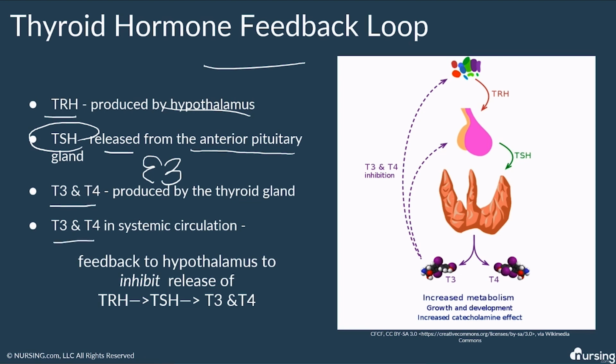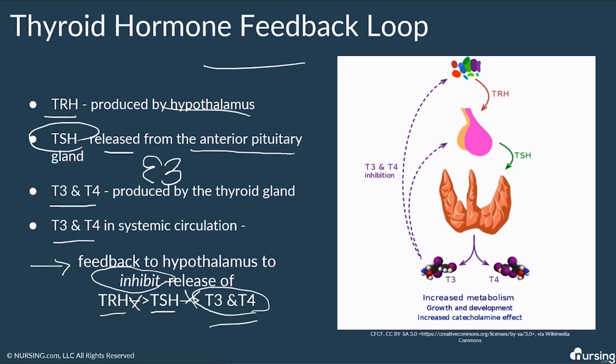When T3 and T4 are in systemic circulation, there's a feedback to the hypothalamus that inhibits the release of more TRH. If TRH is inhibited, then TSH is not stimulated to be released by the anterior pituitary gland, and therefore the thyroid isn't stimulated to produce thyroid hormones. It's all about balance.